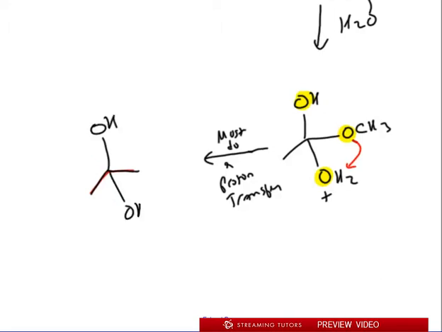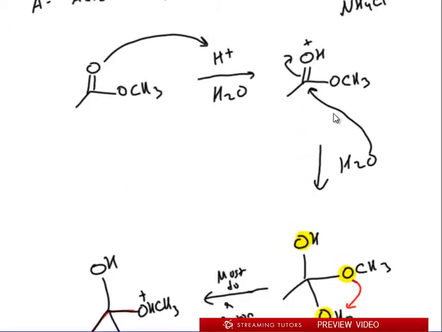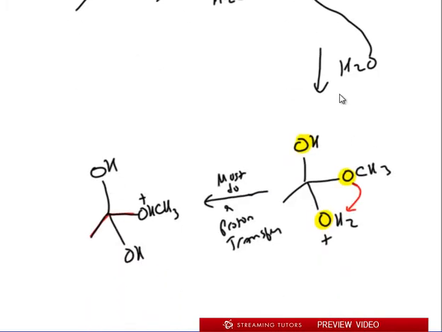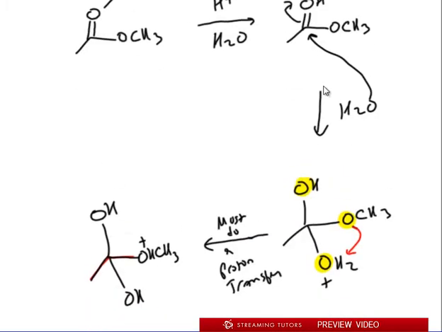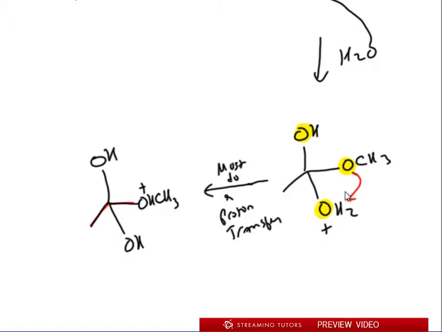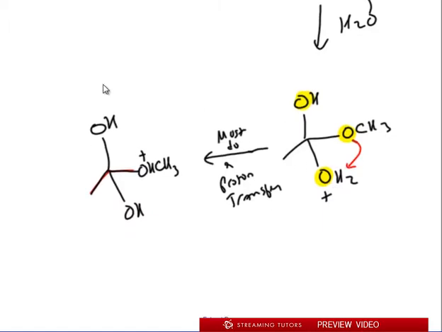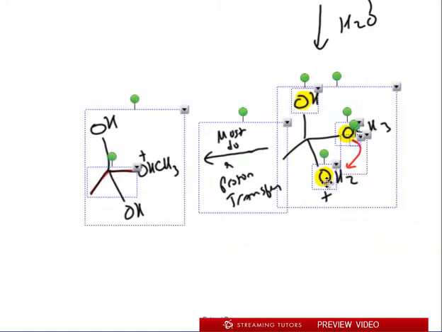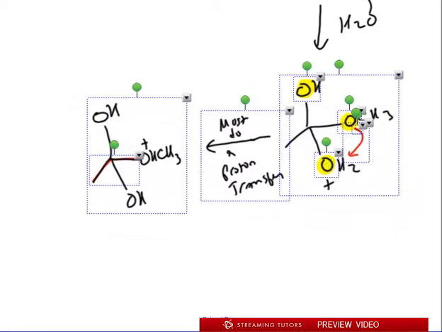So we have an OH here and we have an OHCH3. Okay, very important step. This is critical. It doesn't sound like a big deal. It's really not, but I want to emphasize it enough that it just sticks in your brain. So you must do the transfer of a proton, unlike acyl halide where it was optional. Okay, and actually you didn't do it.